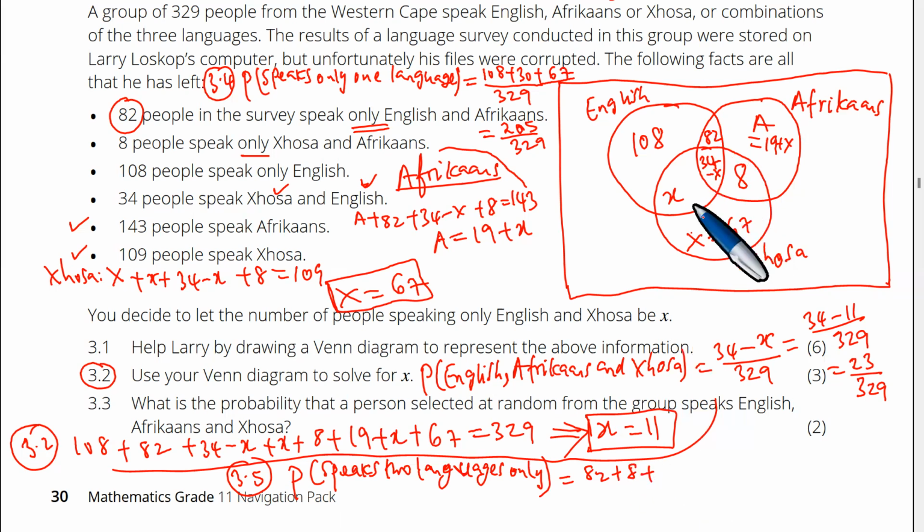Or you have 11 English, Xhosa, but not Afrikaans, 11. You divide everything by 329. So if you add everything up, you get 101 divided by 329. Okay, so this here gives us the probability that the person speaks 2 languages only.